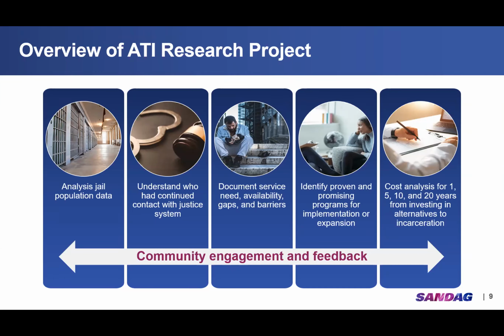We're looking to do a literature review of best practices, looking at proven and promising programs in the county, the state, the country, and internationally that the county may want to consider for implementation or expansion.